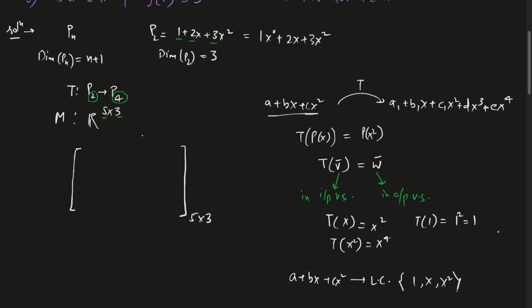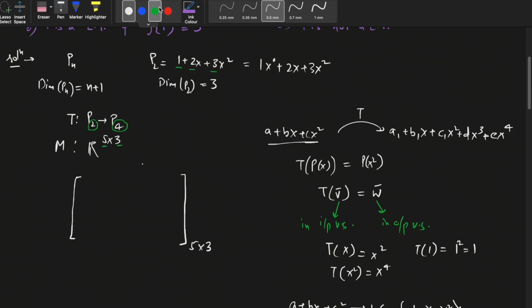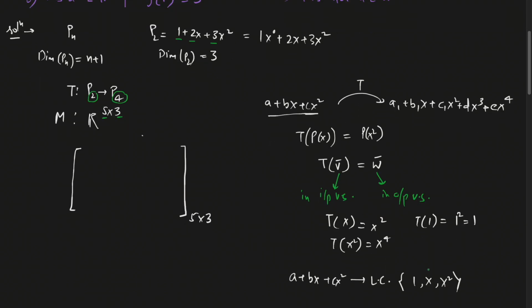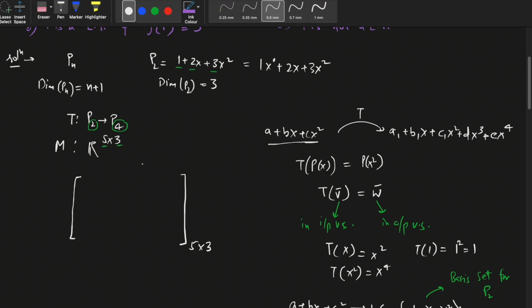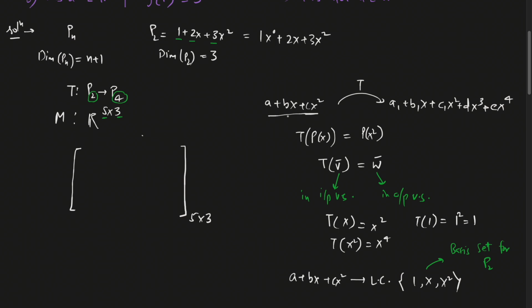So this set is the basis set for P2. Why? Because you take any polynomial in the input vector space P2, that polynomial is nothing but a linear combination of these three elements.